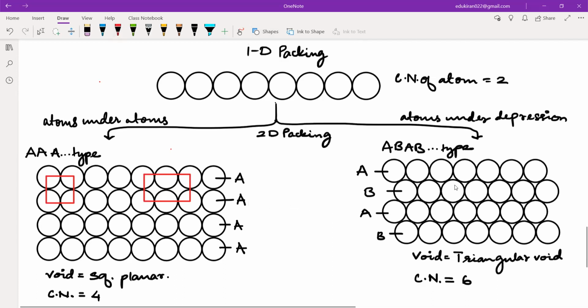So I will take this unit cell. Okay, so I'm going to take this blue unit cell.